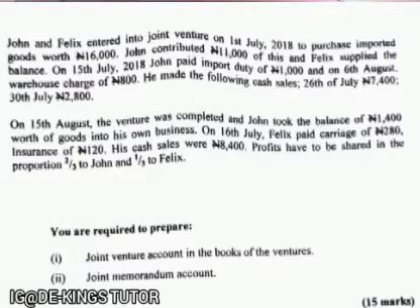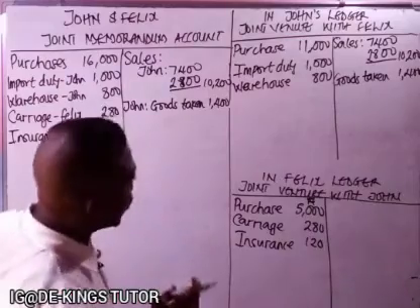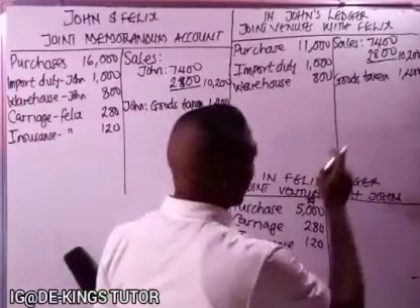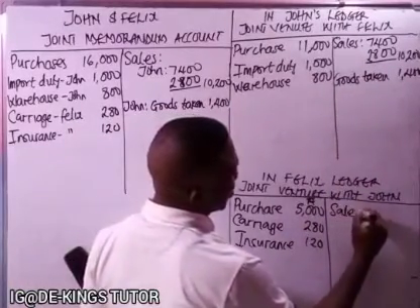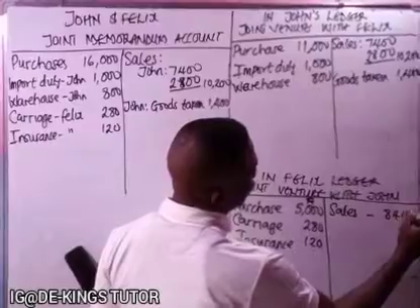Okay, now continue. It said his cash sales were 8,400. His cash sales were 8,400. Also, the same way, sales for Felix was 8,400.